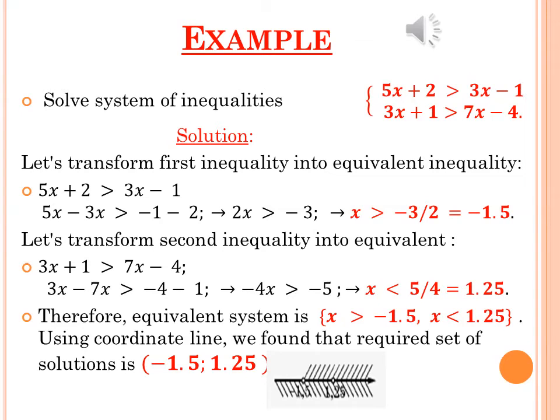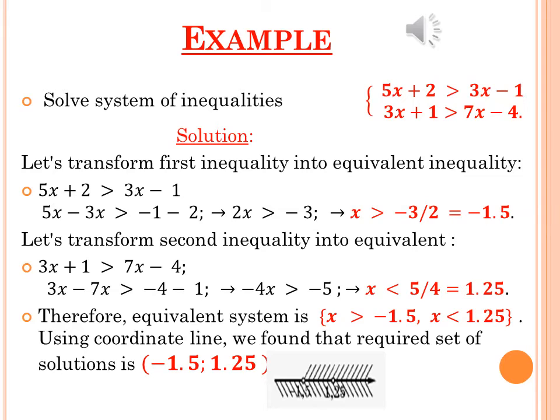Now taking the second inequality, 3x plus 1 greater than 7x minus 4. By the same method, x on the left, constants on the right. So 3x minus 7x greater than negative 4, move 1 from left to right, minus 1. So 3x minus 7x is minus 4x greater than negative 4 minus 1, which is negative 5. So negative 4x greater than negative 5. Divide both sides by negative 4.